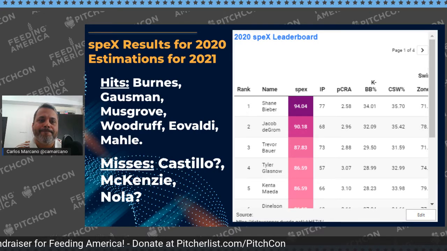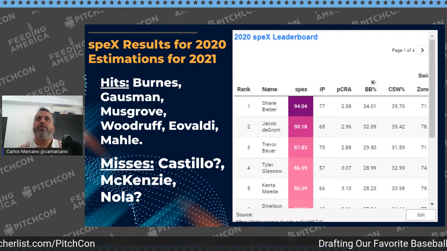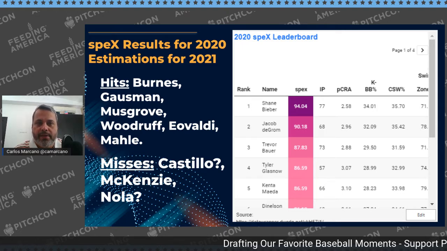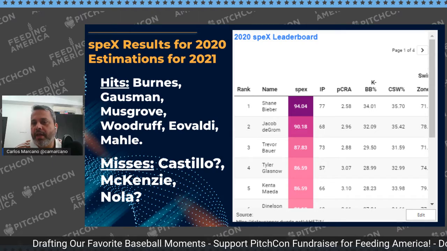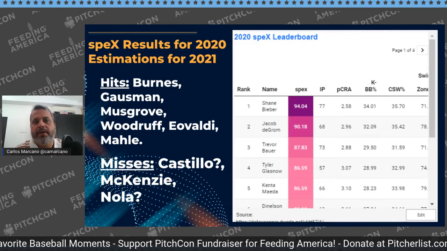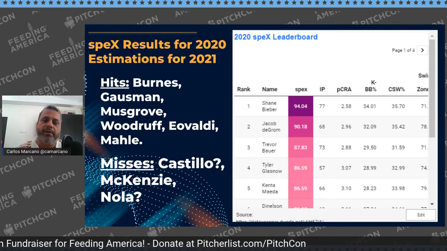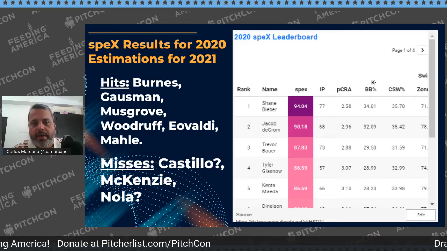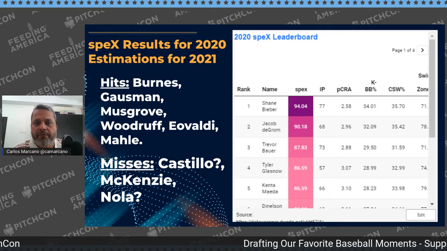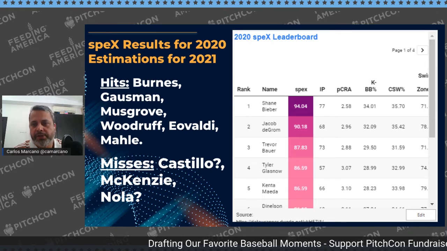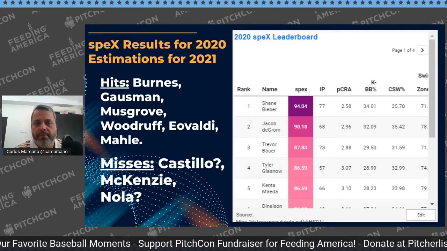And we got these results, and two of the biggest hits that I got with SPEC is you could get Corbin Burnes and Kevin Gausman so discounted, but still performing at the SP1. And that's one of the main things that I love about it, that you can find this kind of players, and it can give you a lead in to them.